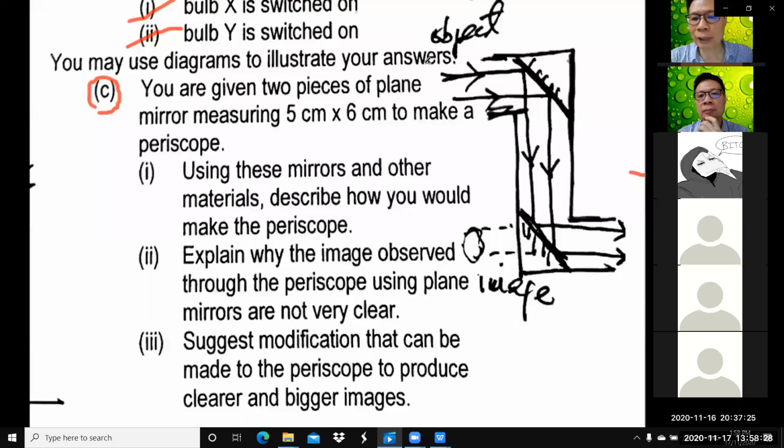Light from the object enters the periscope and is reflected twice, reflected 2 times, before going into the observer's eyes.